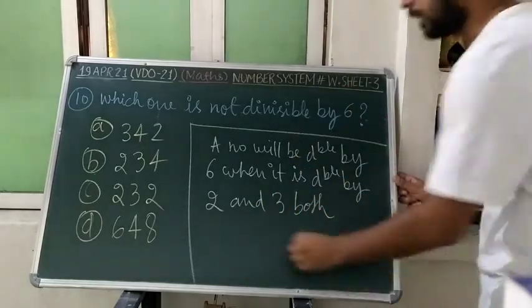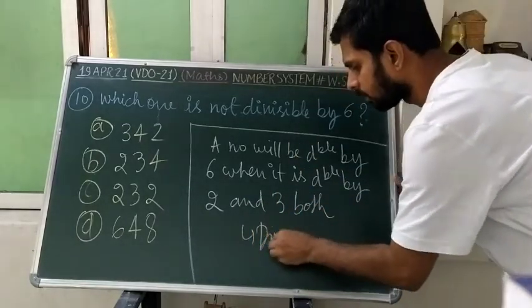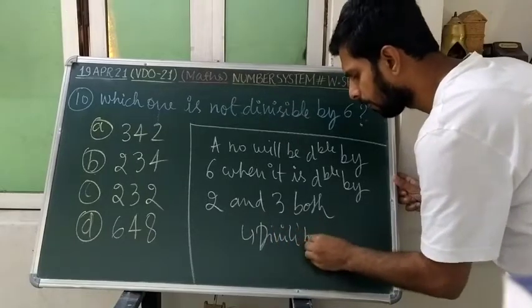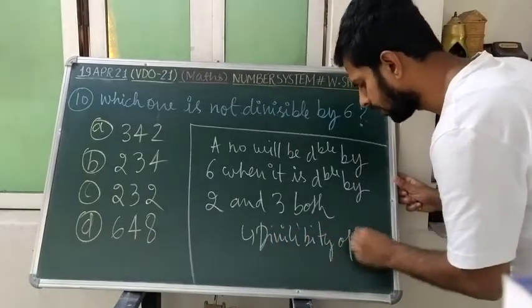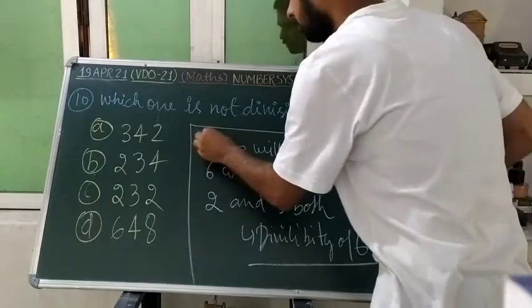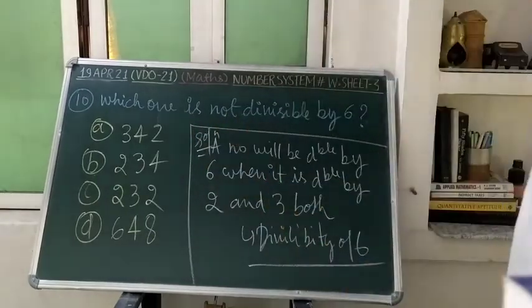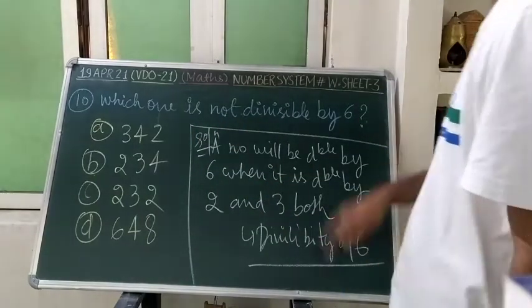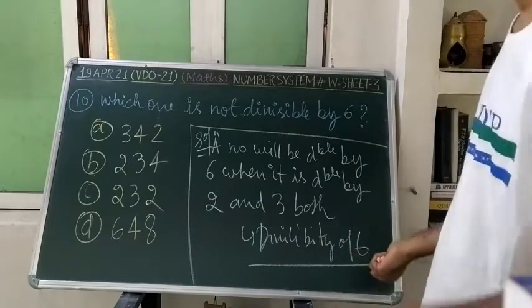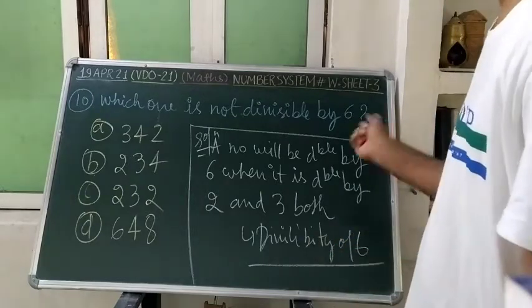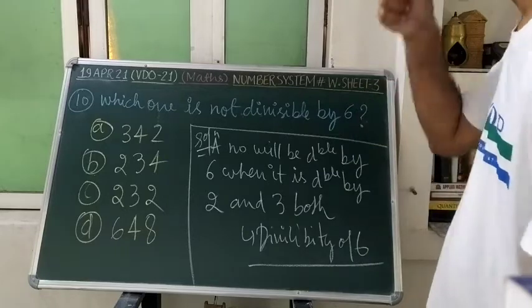It is the divisibility of 6 only. So a number will be divisible by 6 when the number is divisible by 2 and 3 both.